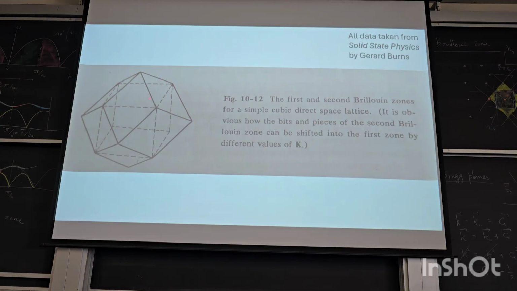The second Brillouin zone will be these slanting squares, these kind of slanted squares, and their faces will be perpendicular to the 110 family of directions. So this is the second Brillouin zone outside the first Brillouin zone.